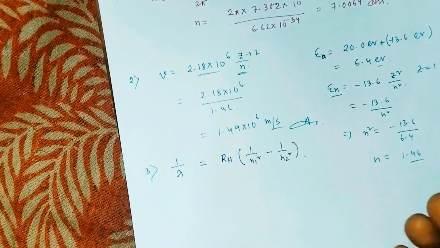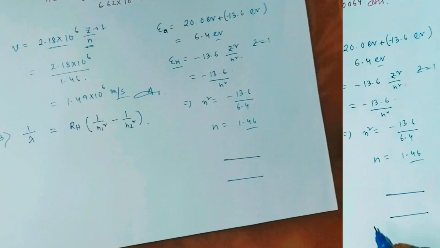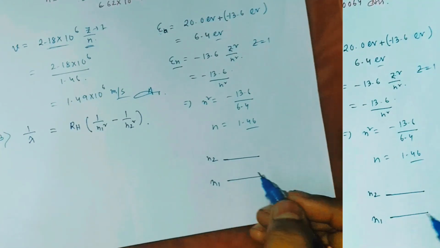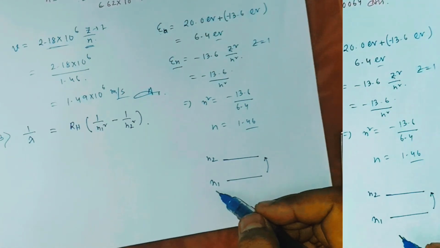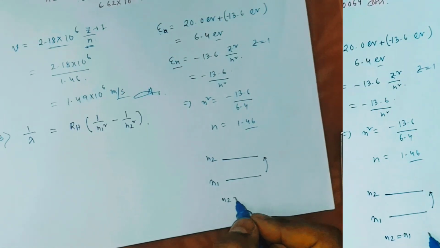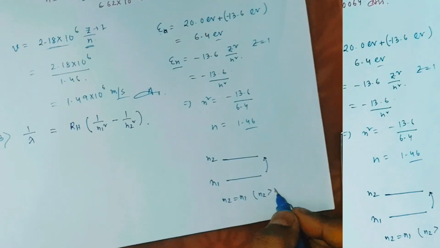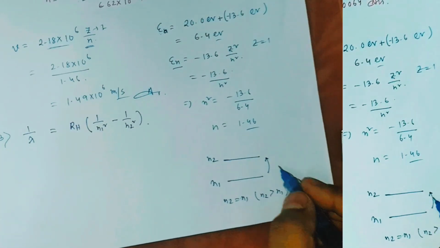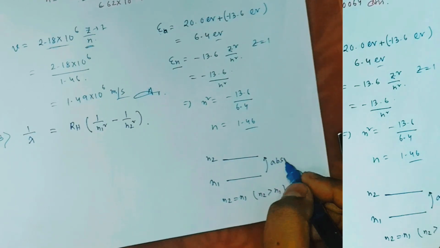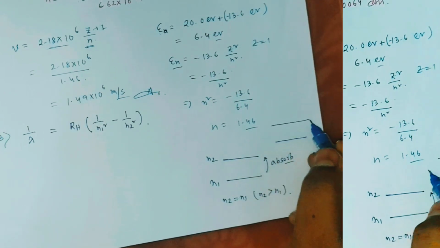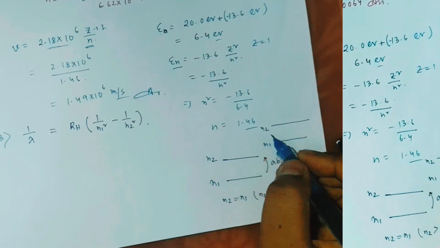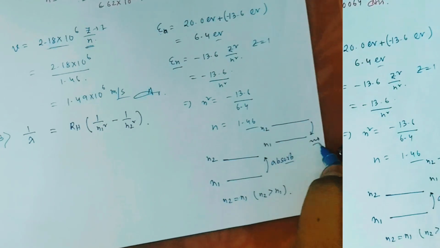When an atom jumps from one level to another, say this is n1 and this is n2, where n2 is greater than n1, then for this kind of jump, absorption will happen, and for the reverse jump, radiation will be emitted.